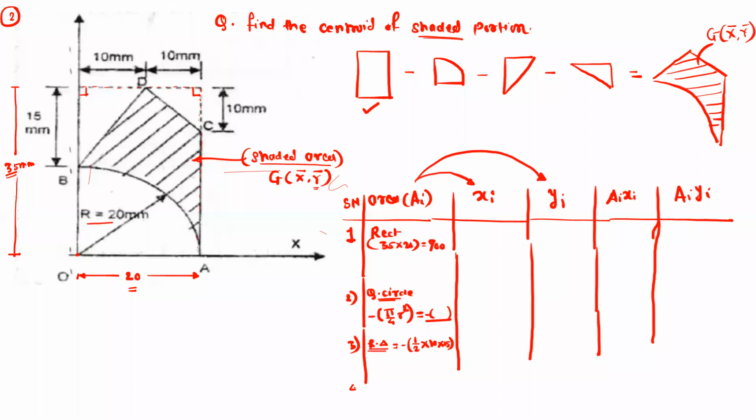And the fourth geometry is again a right angle triangle, and its area will be 1 by 2, base is 10 and height is 10. So the first area is only positive and the remaining three areas are negative. The total summation will give the required area, that is the shaded area. Now concentrate on the x coordinate and the y coordinate. I will simplify this.